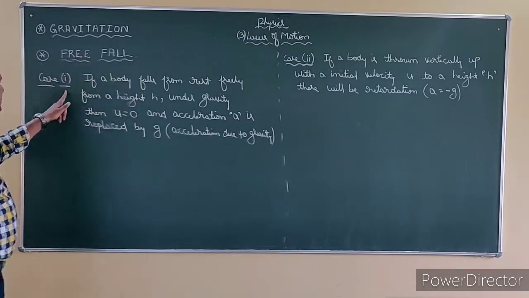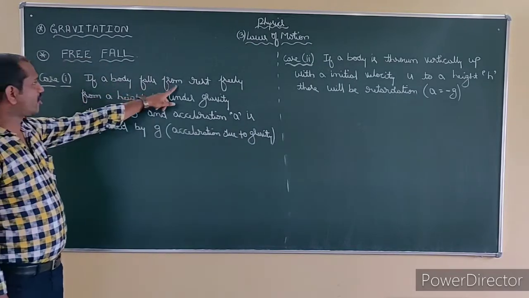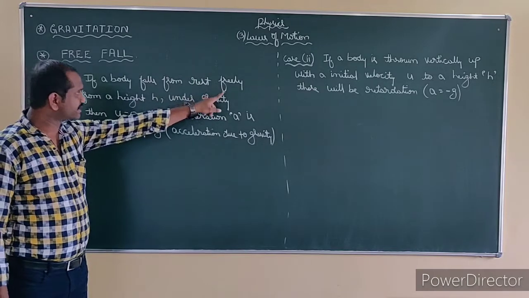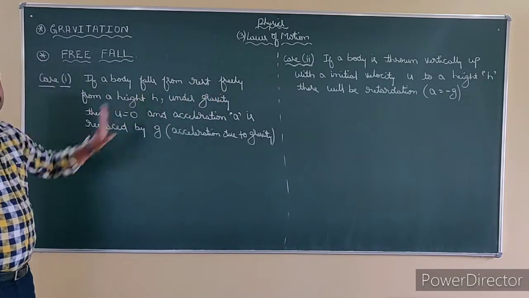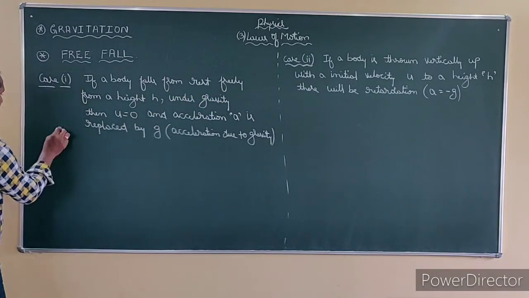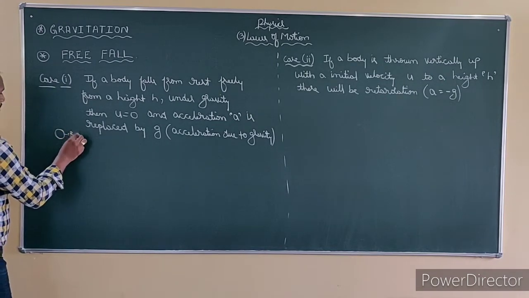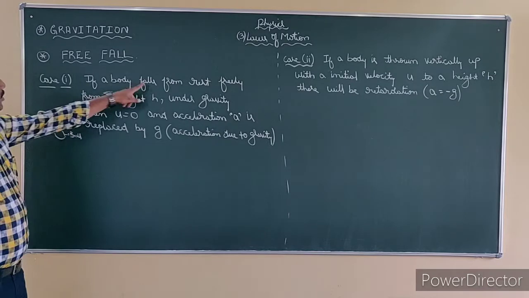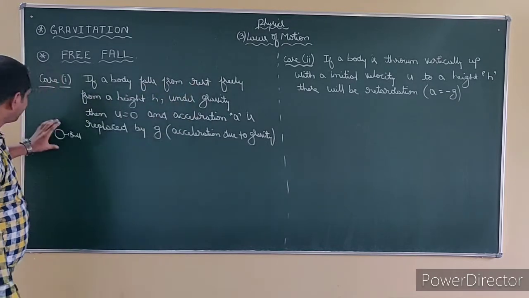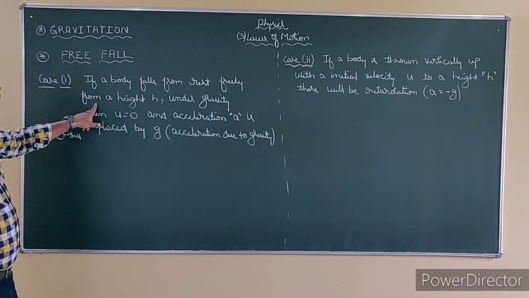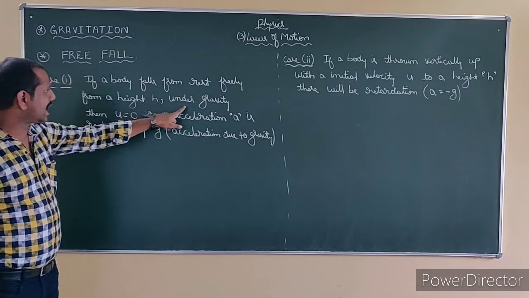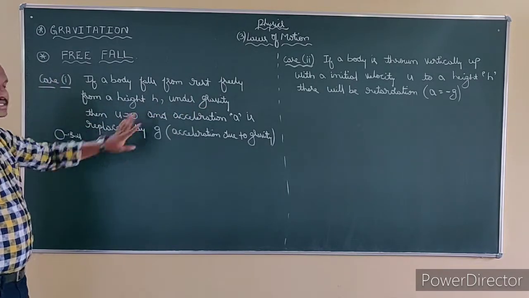Let us consider case 1. If a body falls from rest freely from a height h, consider a body like a ball, then u = 0.